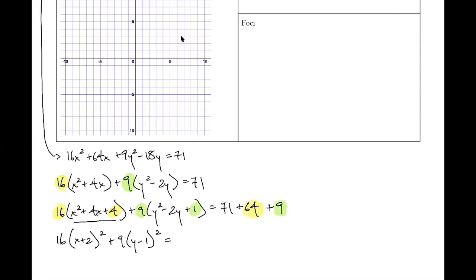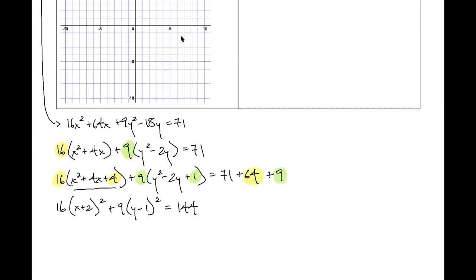And yes, that should give you a total of 144. All right, so to get this into the form that is easiest to graph in, we're going to divide all 3 terms by 144.